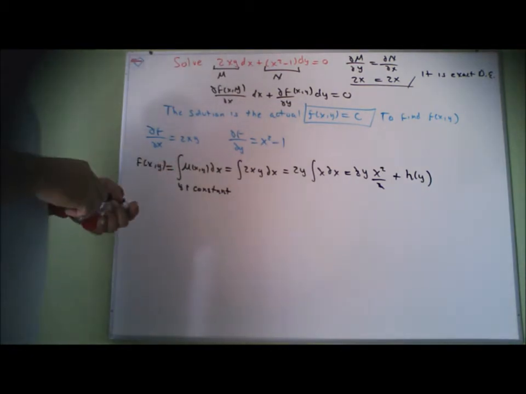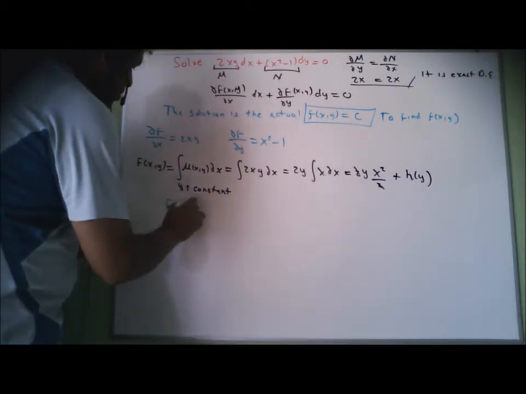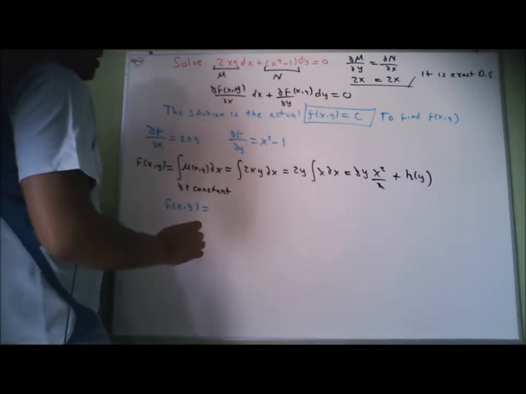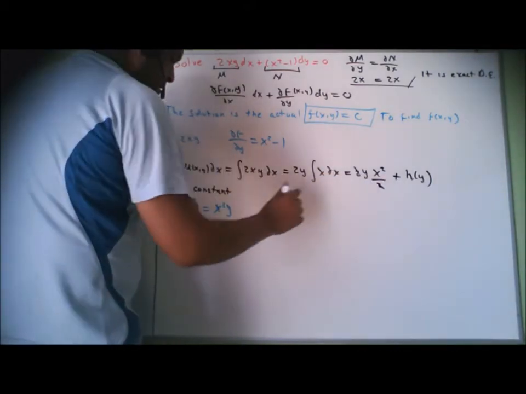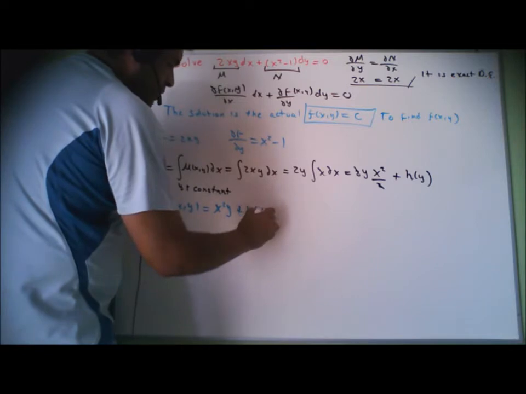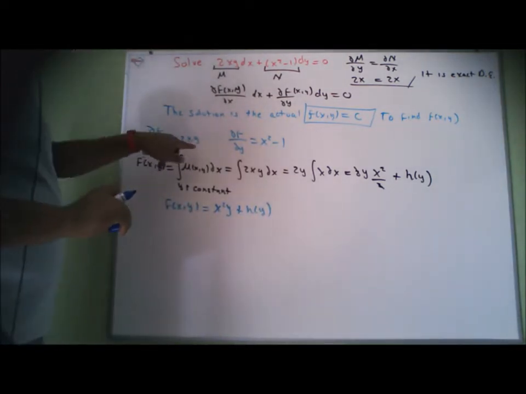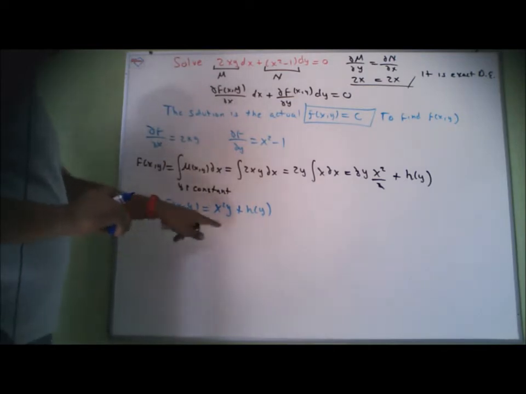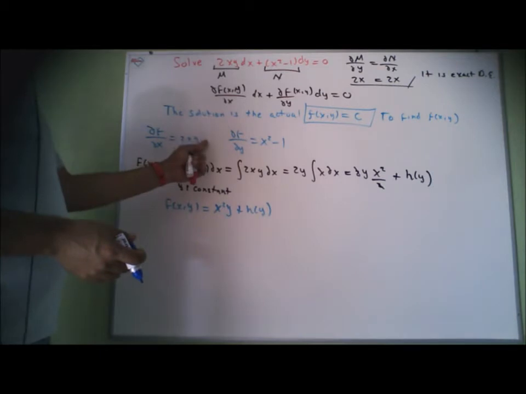So the function of two variables is equal to x squared y here, because the 2 cancels, plus h of y. Now, if you take the partial derivative with respect to x, you are going to actually get this, and the partial derivative of something that is only a function of y is going to be 0, which is here.